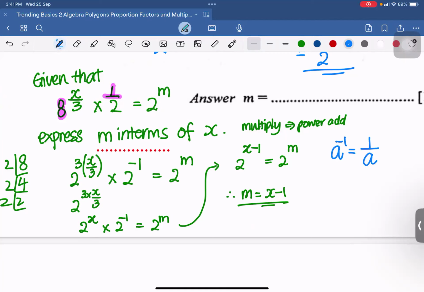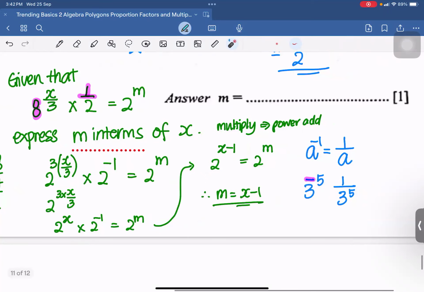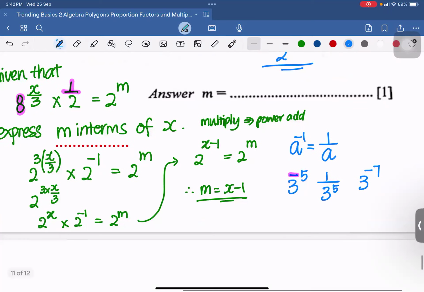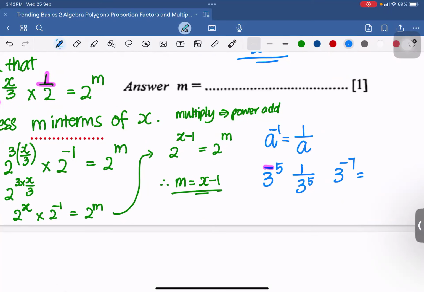So if I give you, let's say, 3 to the power of negative 5, the negative power means it's 1 over 3, then the power changes to positive power 5. So if I know this one can become like that, I should be able to do the reverse. So if I have 3 to the power of, let's say, negative 7, this one will become, wait.